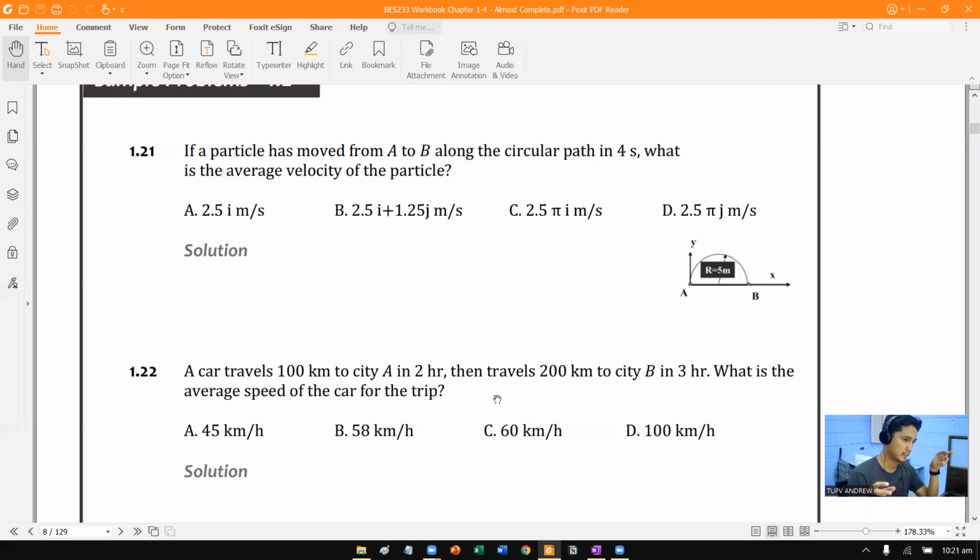So in this case, the available data is only for point A to point B. It takes 4 seconds for a particle to travel from point A to point B in a semicircular manner. All we have is that it takes 4 seconds to travel from A to B.